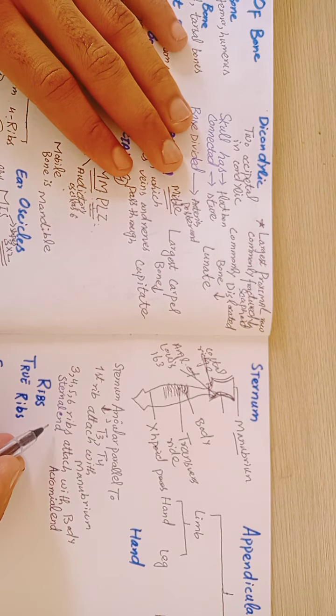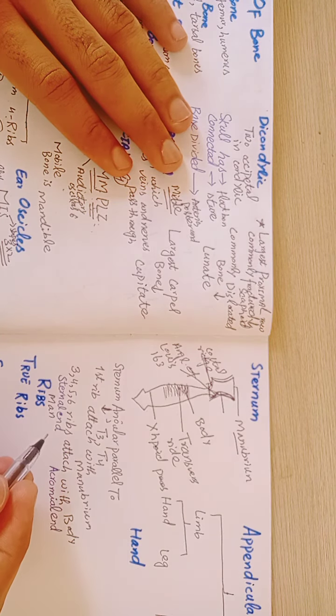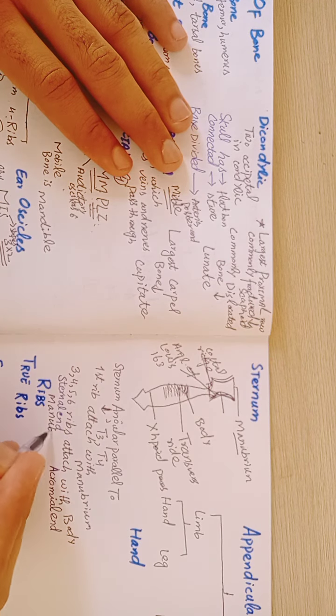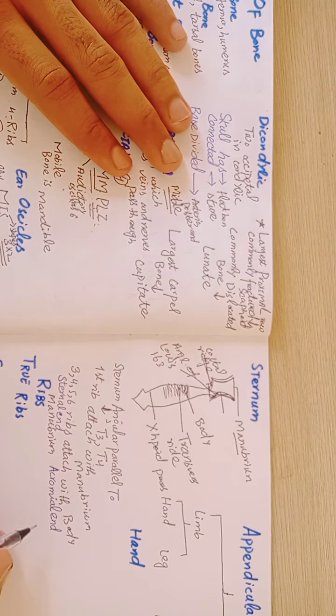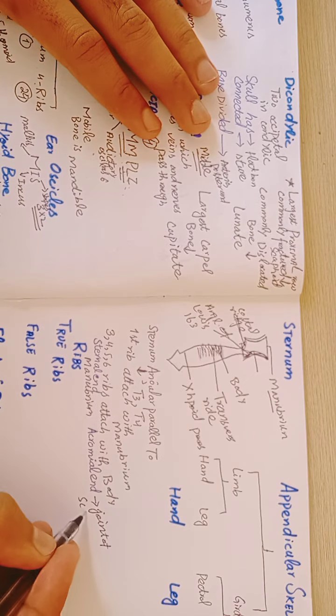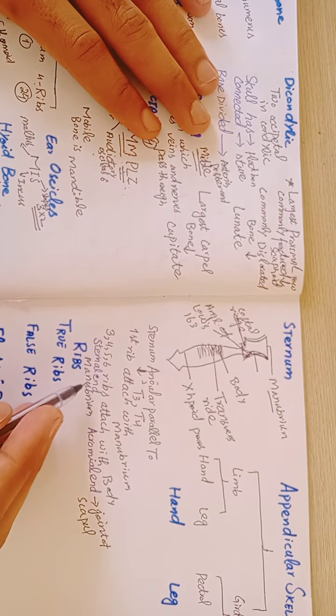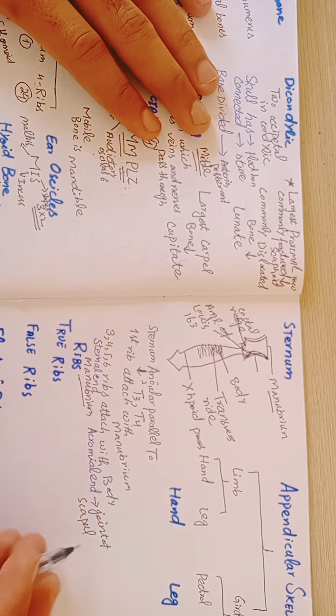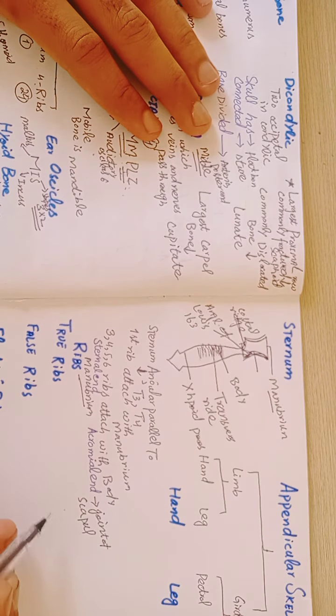The sternal end of the clavicle attaches with the manubrium, and the acromial end of the clavicle attaches with the joint of the scapula.